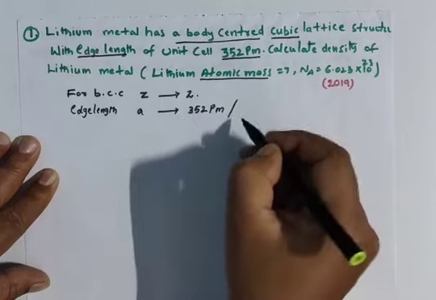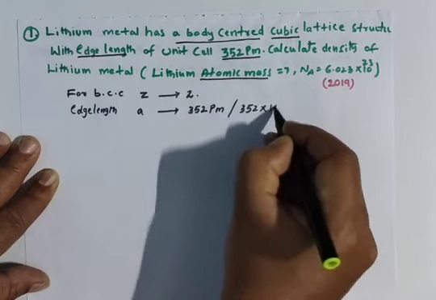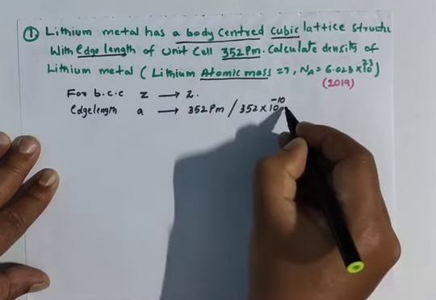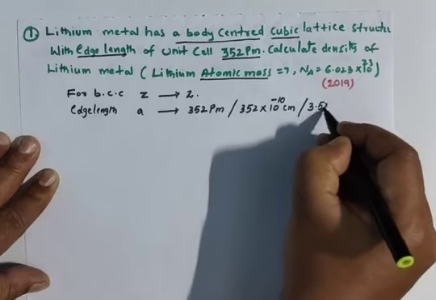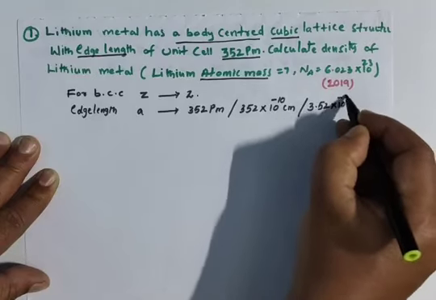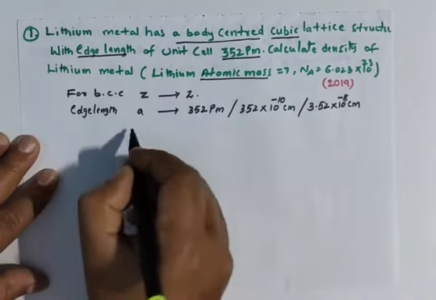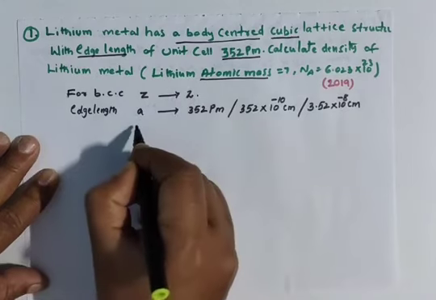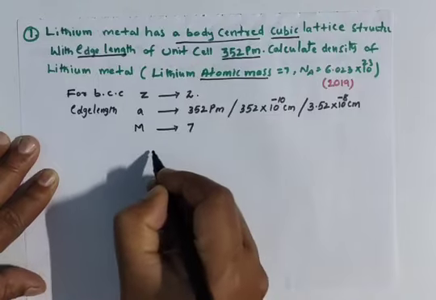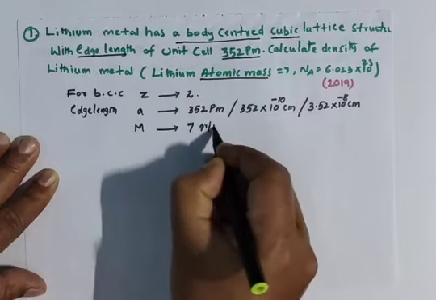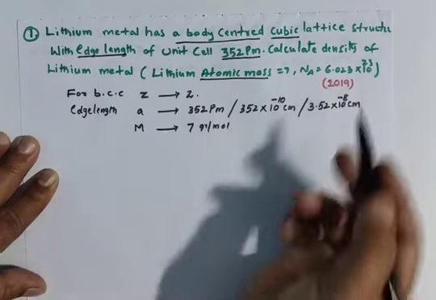You have to convert into centimeters: 352 into 10 raised to minus 10 centimeter, or you can write 3.52 into 10 raised to minus 8 centimeter. Atomic mass M is 7 gram per mole, and the Avogadro number NA is already given.